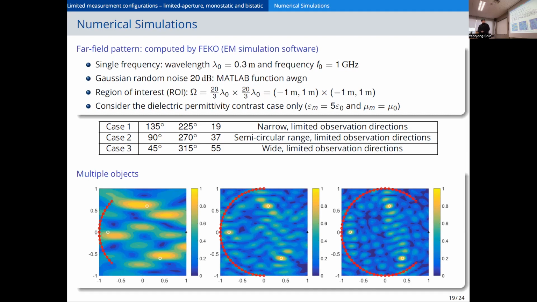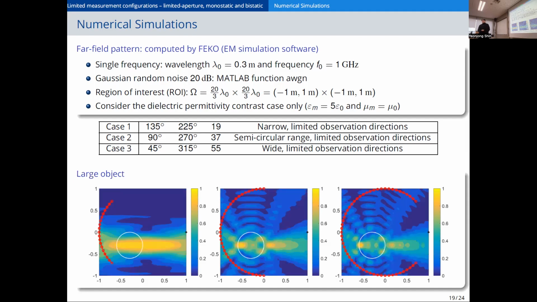However, in case 2 and case 3, we can detect the object from the map of the numerical simulation. Even though we assume that all targets are small, we also apply it to a large object. In this case, even though we consider a wide range, we cannot properly detect the object by DSM.